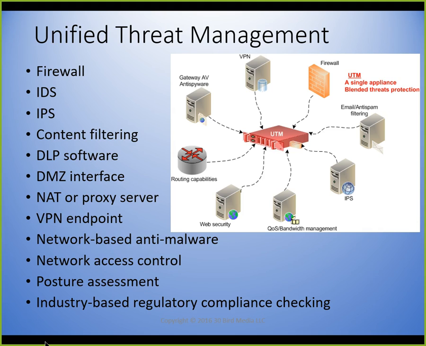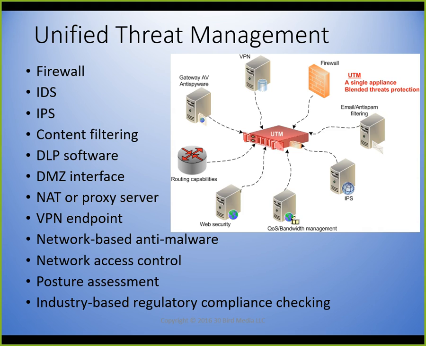So what we have here, Unified Threat Management, looks like the dream, right? And it kind of is, because it does a little bit of everything. It is a single point that we firewall, IDS, IPS, content filtering, all the things we've talked about, DLP software, a DMZ interface, a proxy server, a NAT, a VPN endpoint, anti-malware, access control, check as they come in, posture assessment, and that goes with the access control, where we check the posture or the configuration that they have.